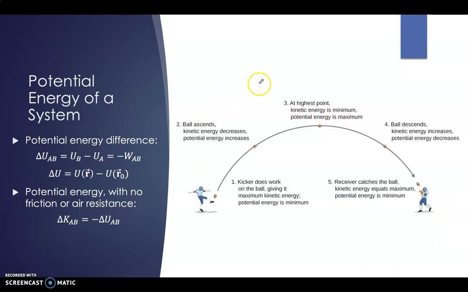Okay, so remember that kinetic energy is equal to 1/2 mv squared. And that is where we are getting this idea that the kinetic energy is related to its velocity.